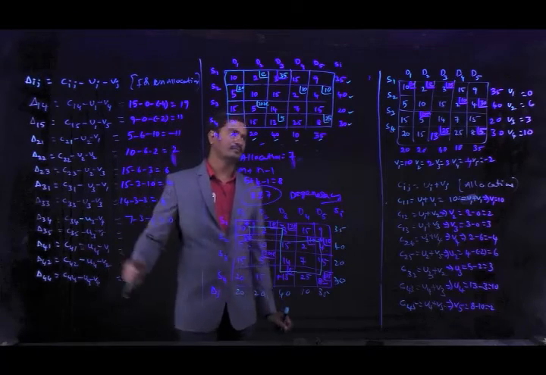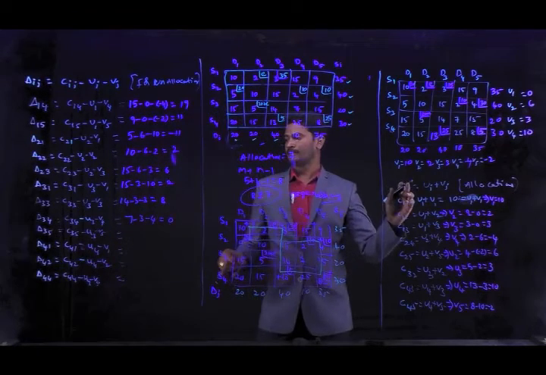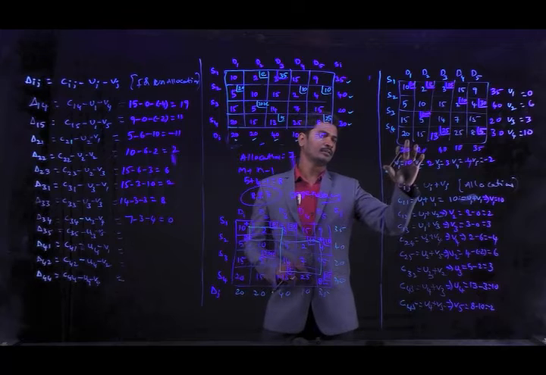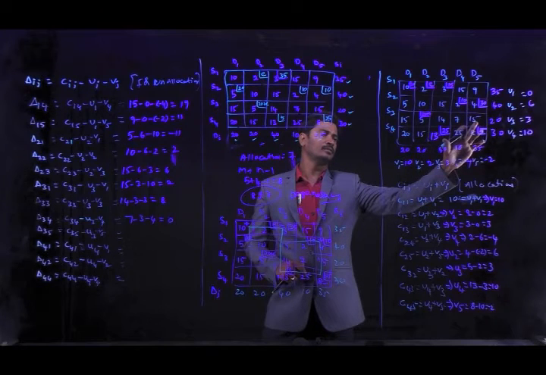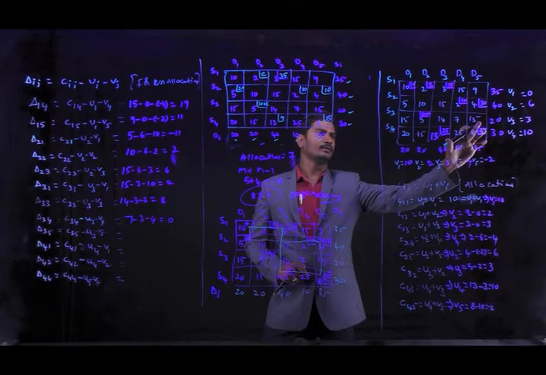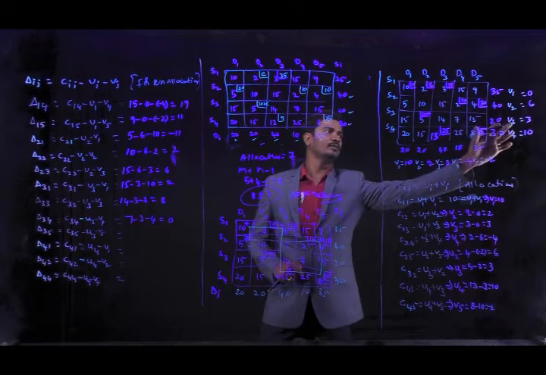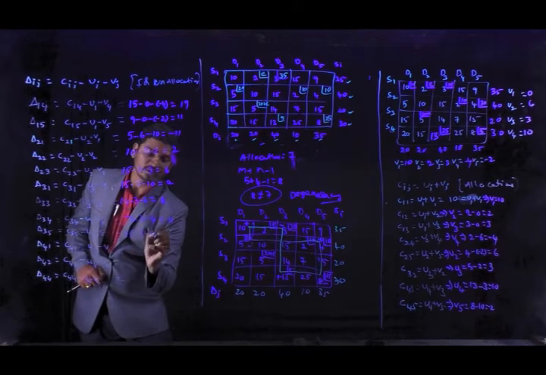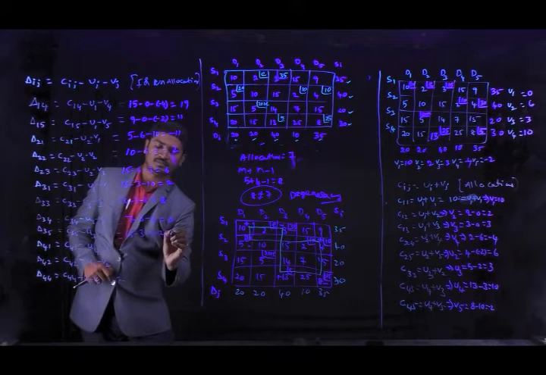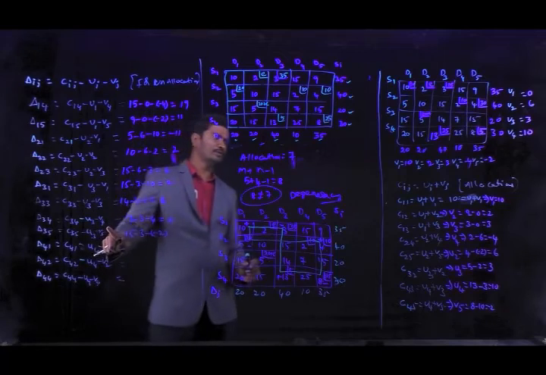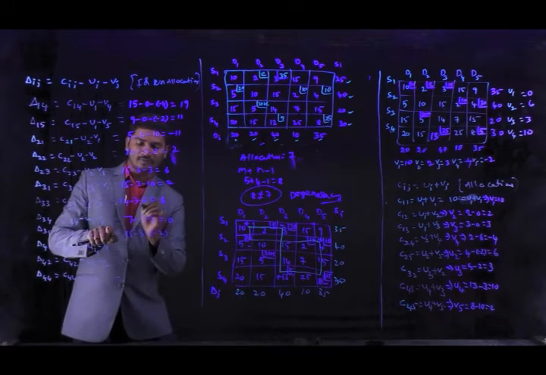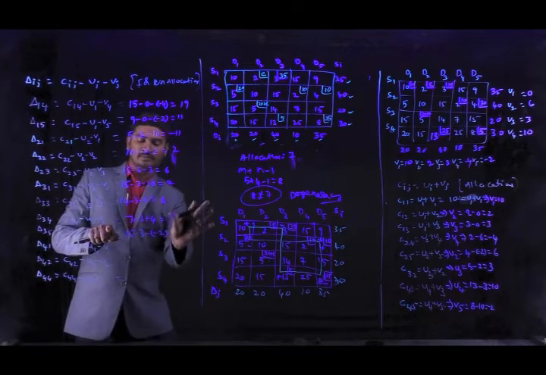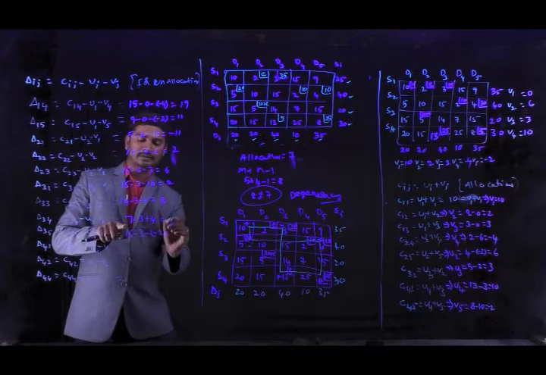Next here C35. So the C35 value is 15 minus 3 minus of minus 2. Here the V4 value is minus 4, so we get a positive value here, 8.